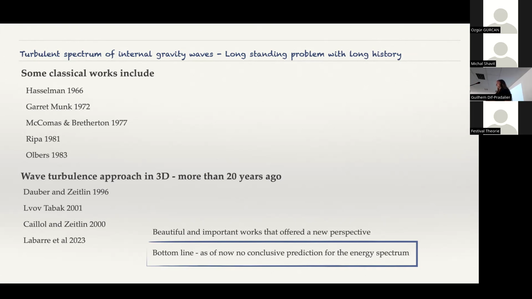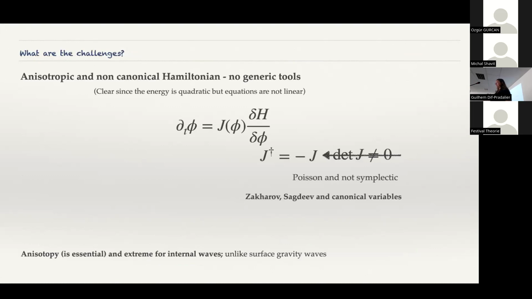The first were already 20 years ago, and they were all really beautiful works, but as of now there was no conclusive prediction for the energy spectrum or for the flux from these attempts.